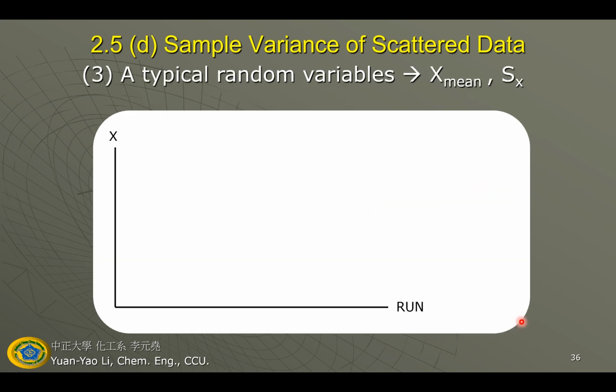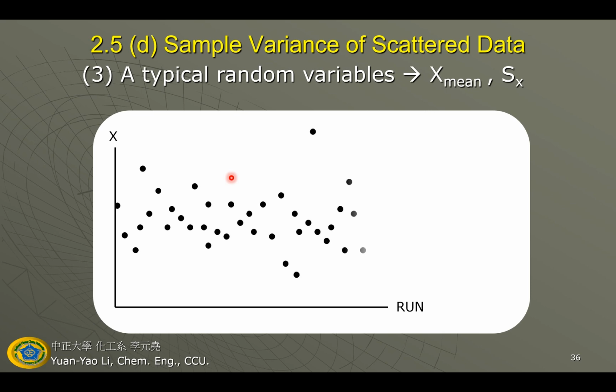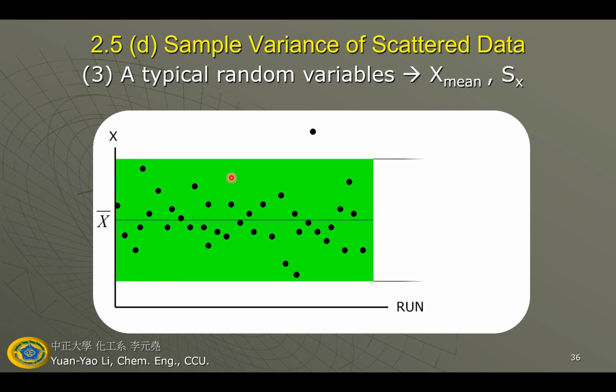So a typical random variation can be described in this way. For example, if you have 50 runs and you have the average here, normally about 99% of the data will be within 3 standard deviations.